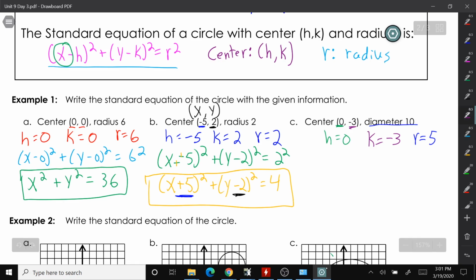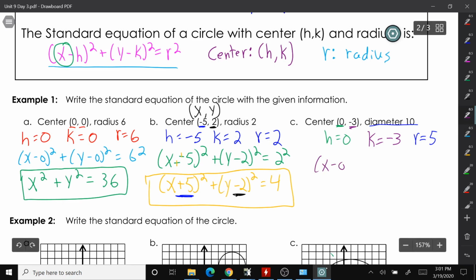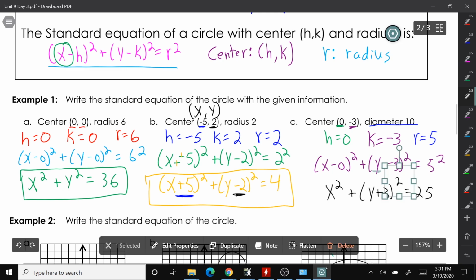So then that will give us x minus 0 squared plus y minus -3 squared equals 5 squared. So x squared plus y plus 3 squared equals 25.